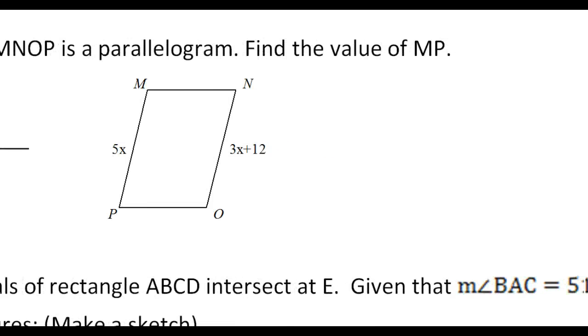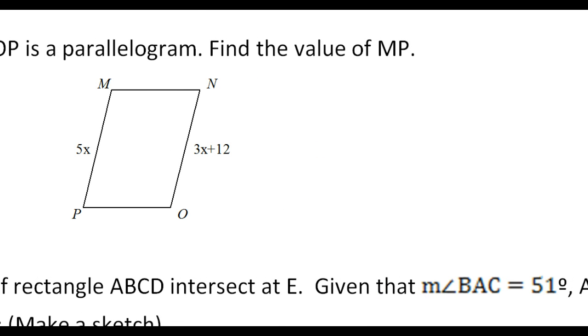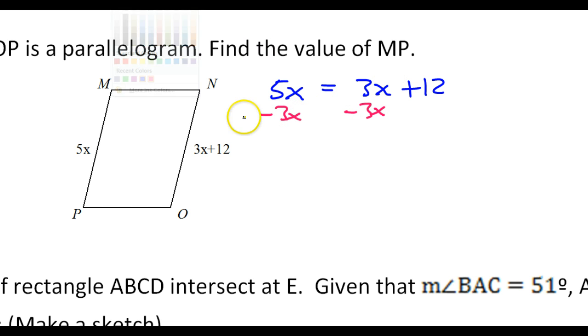So for that reason, we can set them equal to each other. So we know that 5x should equal 3x plus 12. And the minute I see the same variable on both sides of the equation, I want to get those together, in this case by subtracting. So that's going to give me 2x is equal to 12.